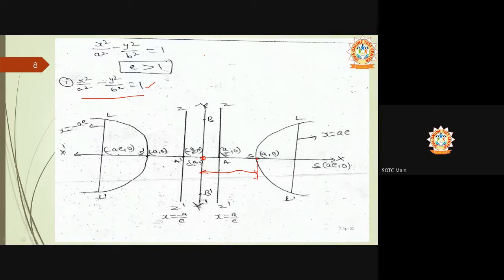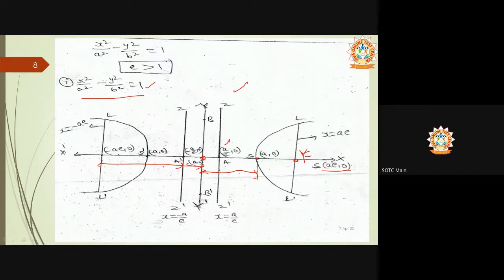This is the focus at a distance of ae comma 0, right? This side also, minus a comma 0 till this point. So this is the directrix, and it is at a distance of a by e.